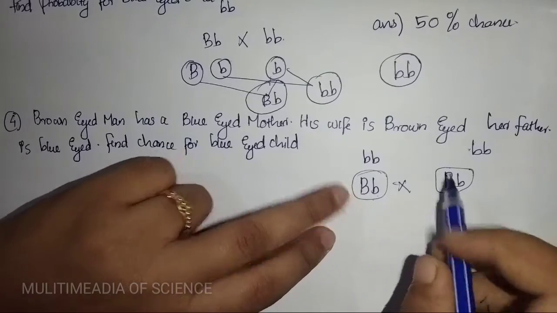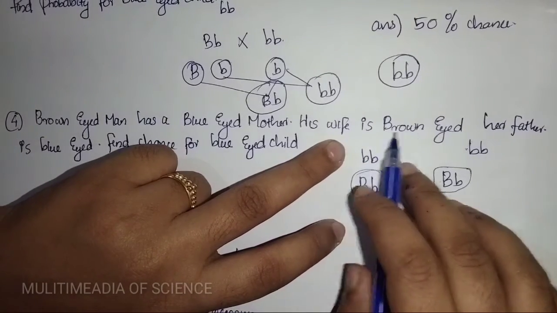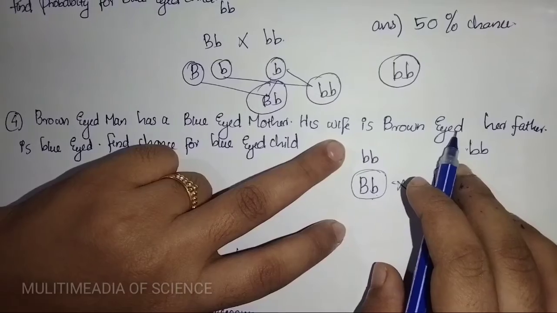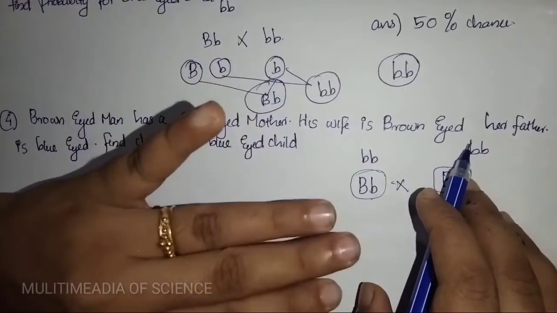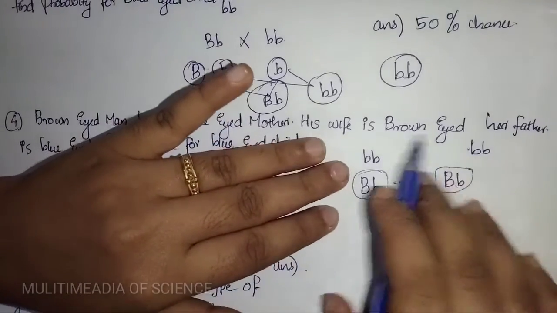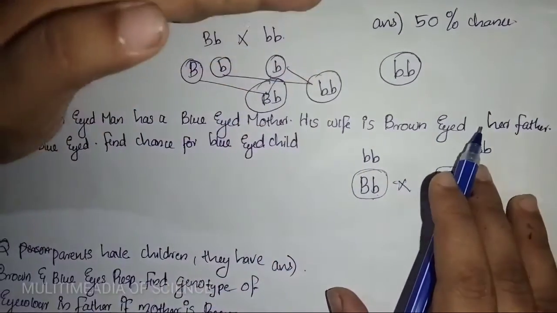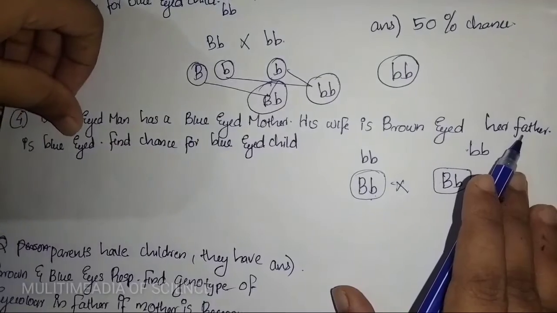Then next is about the wife. The wife is brown-eyed. Okay, so it should be either capital B, capital B or capital B, small b. Then the question says her father is blue-eyed.